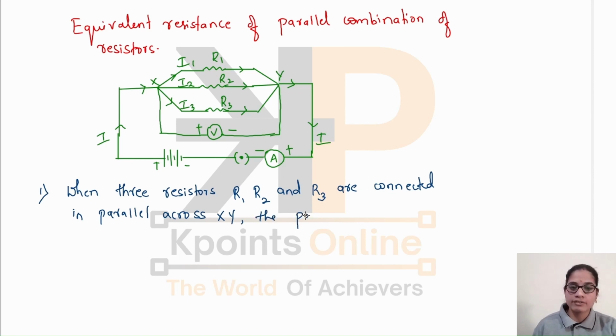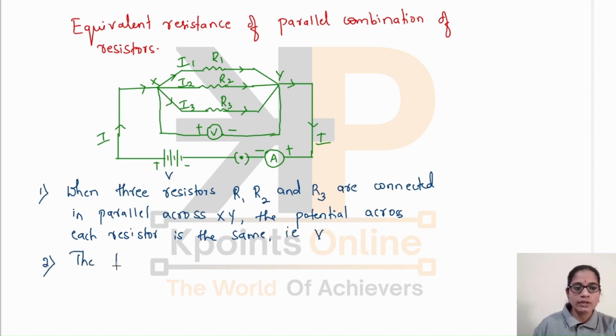The potential difference across each resistor is the same, that is V.